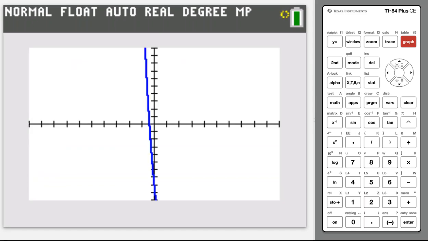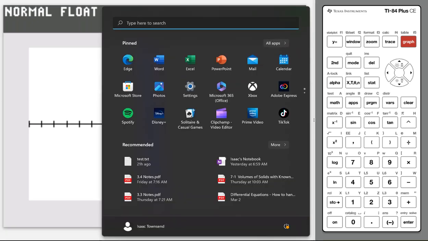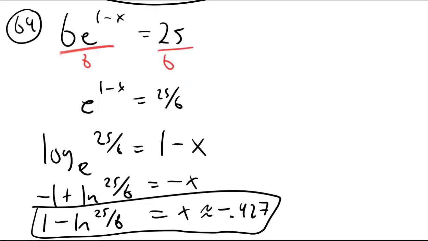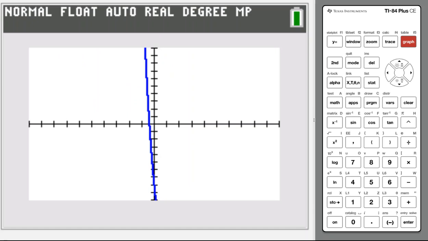And based on my algebra work, what was that? I don't remember the decimal. It was about -0.427.